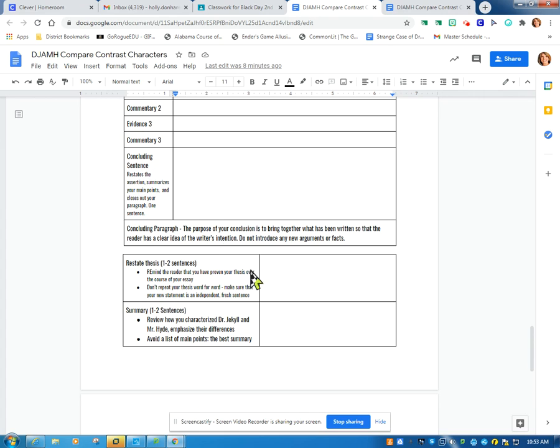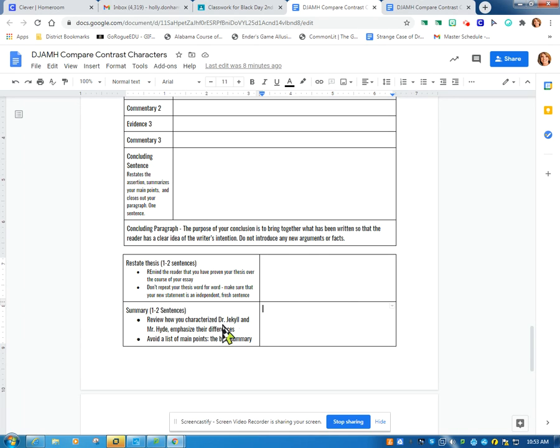And then at the end, you're going to restate your thesis. Okay? That's what you're going to type here, reminding the reader that you have proven your point. Go back up to the very first paragraph and restate it in different words.